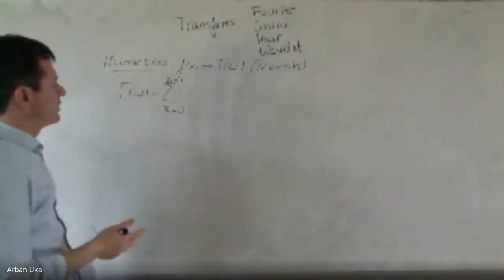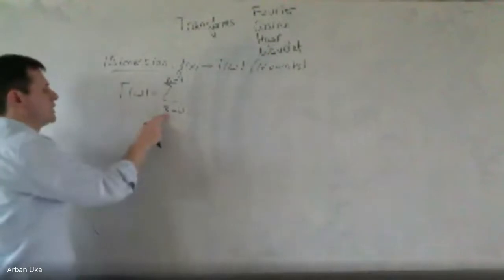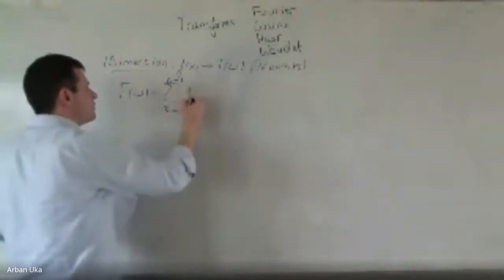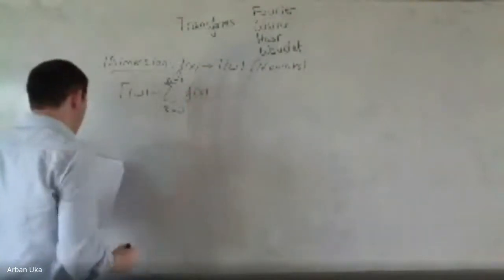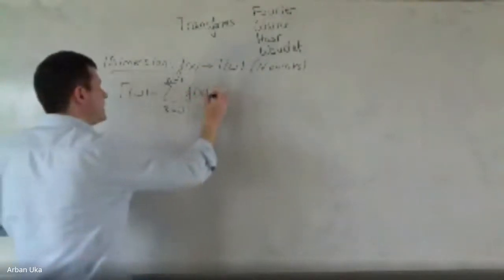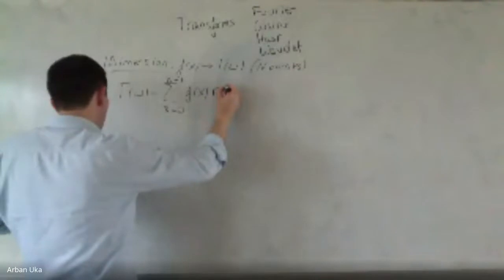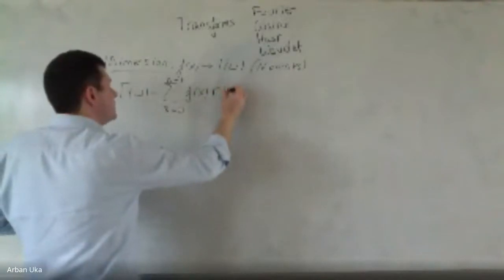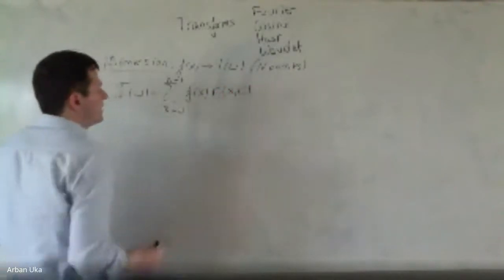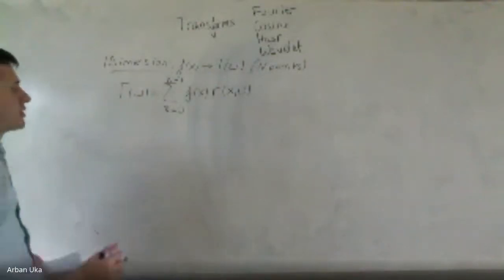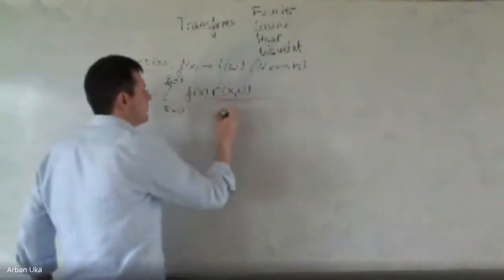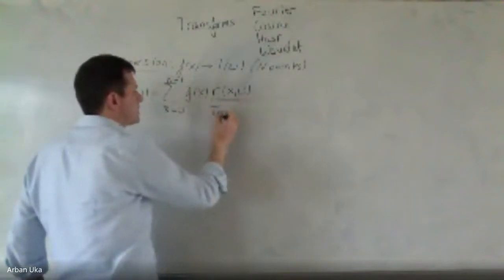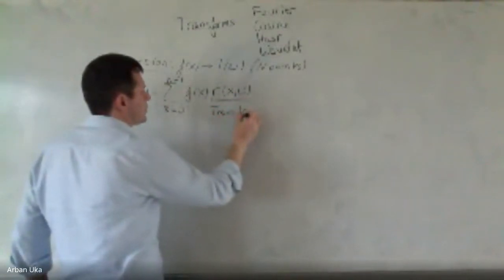We have n points, and we are going to add from x equals 0 to n minus 1, and we're going to multiply f of x with the function which is r of x,u. Now, this r of x,u is called the kernel, or the transformation kernel.